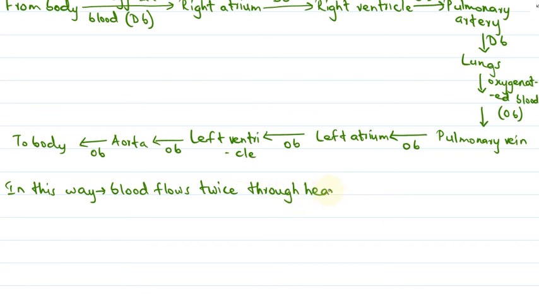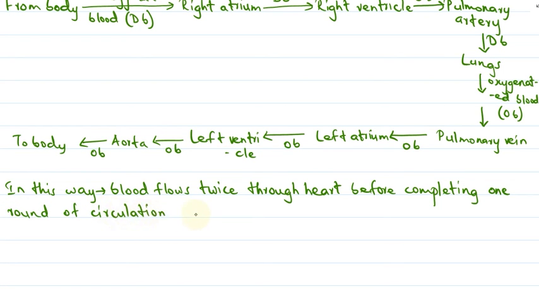Through heart. The blood is flowing twice before even completing one round of circulation throughout the body.